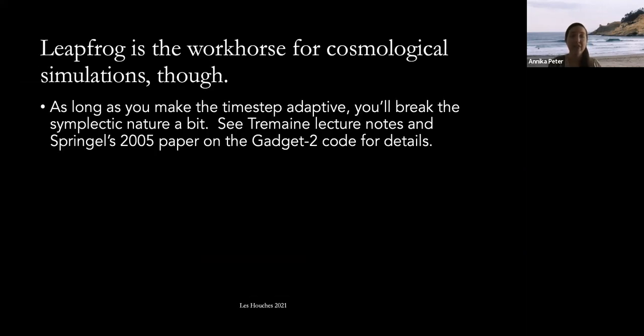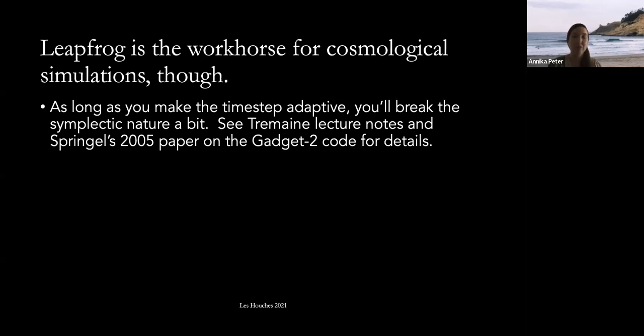Okay, one caveat though is that really what happens in a lot of cosmological codes is that you have different time steps for different particles, which actually violate some of the time reversible and symplectic properties of the leapfrog integrator.